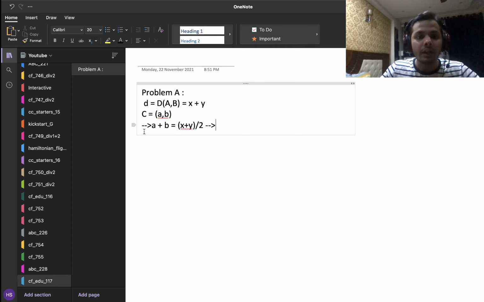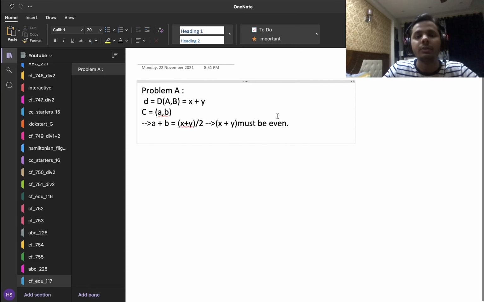Now again, if I want both small a and small b to be integers, then (x plus y) by 2 has to be an integer, which means that for the answer to exist, x plus y must be even, right? So that's the only observation here. So this is the only condition where the answer is going to be -1, where x plus y is odd. So from now on I will assume that x plus y is even.